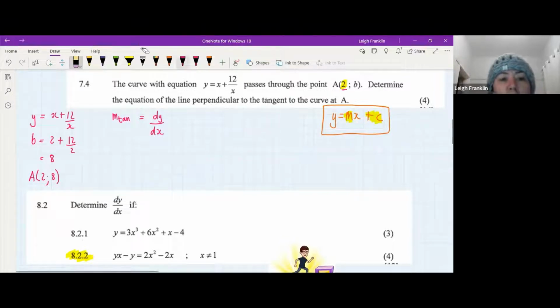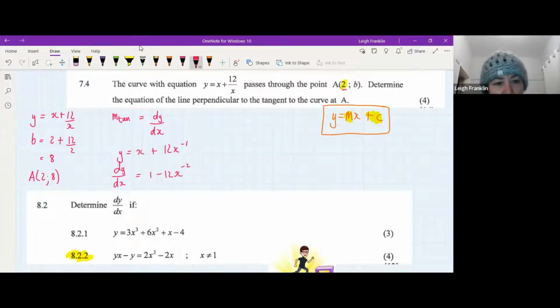I beg your pardon. Okay, so let's first of all write it as y equals x plus 12x to the -1. There's my mistake over there because I wrote plus instead of minus. So dy over dx is equal to 1 minus 12x to the power of -2.